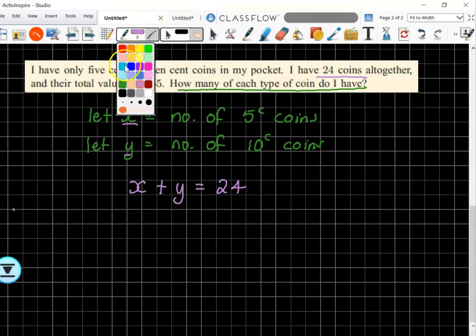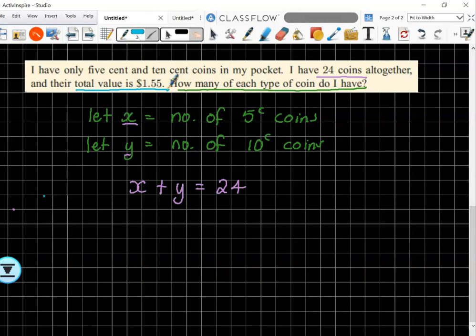Now we have to deal with the other bit of information. Their total value is $1.55. Yeah, Marley? Could you go something like times X and Y and add them together?